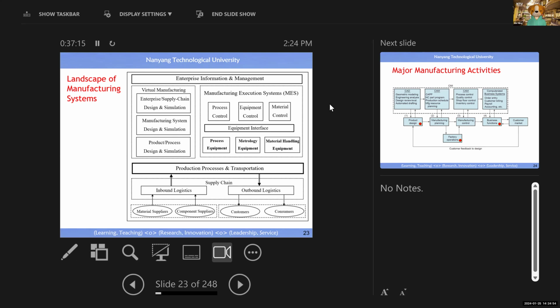You see this big box there, and this is a very big, important name in industry, MES, right? We call it the manufacturing execution system. But actually, the easiest way for you to understand MES is just to consider it as the operating system of a factory.